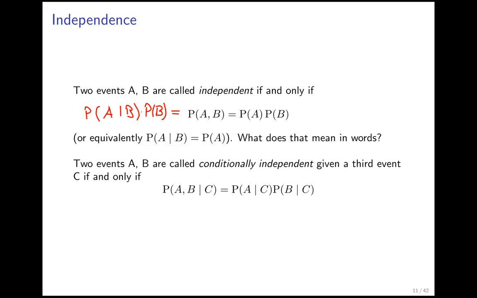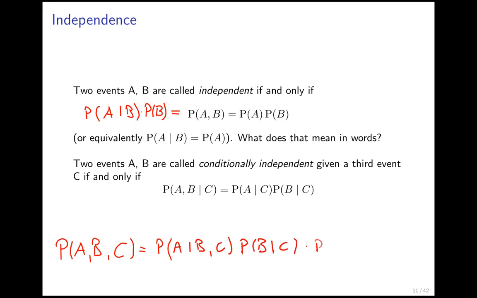Now you could ask, why is this useful? Well, I just said you're interested in simplifying terms, and maybe you can think of the joint probability of A, B, and C, and then you apply the multiplication law, and you get the probability of A given B and C times the probability of B given C times the probability of C. You can check this and see if this matches what you learned about the multiplication law.